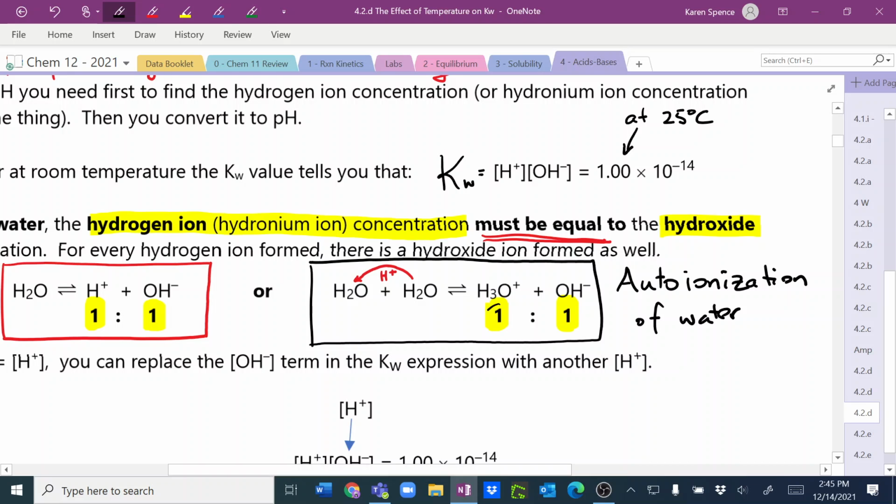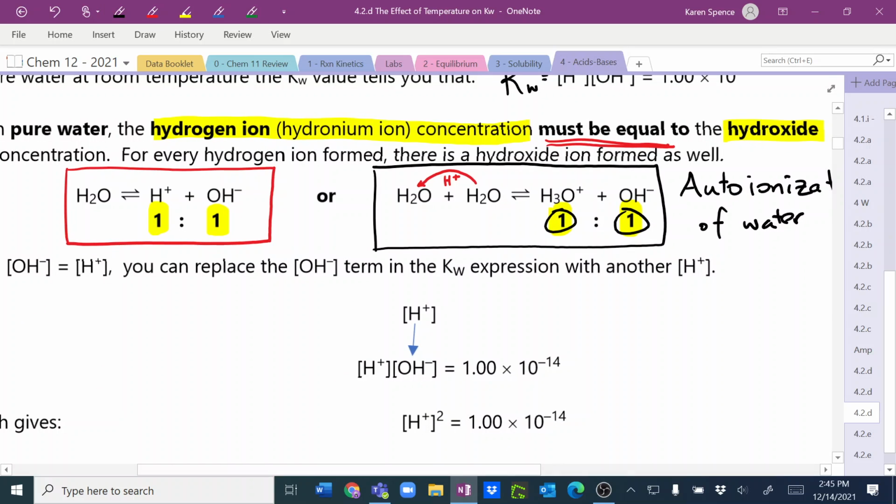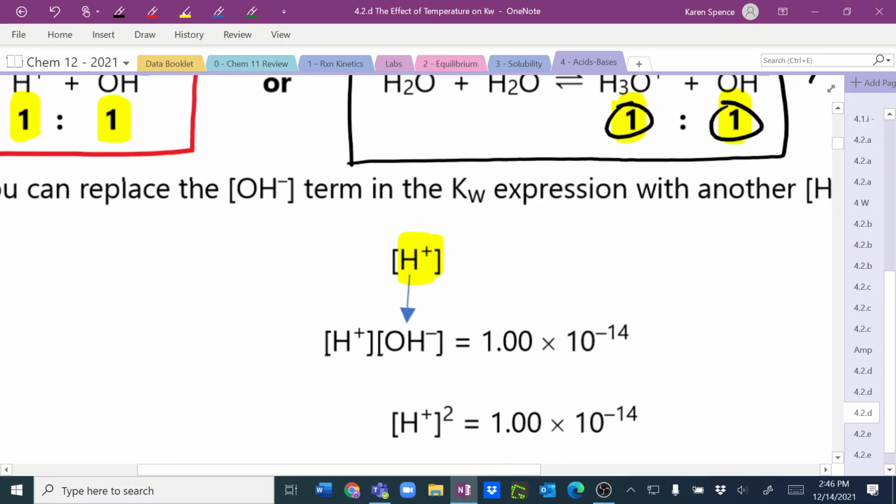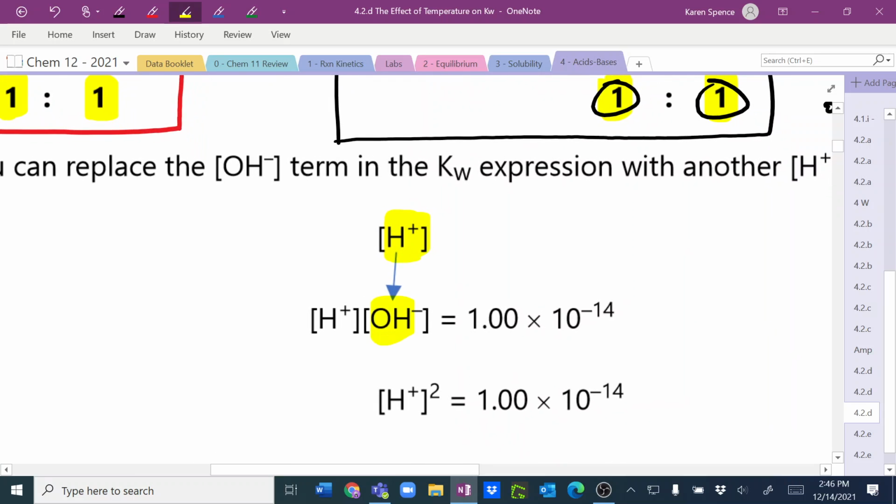All right, because these are one-to-one and they are equal, hydroxide equals hydrogen. What that means is we can actually take hydrogen and put it in the place of hydroxide because the two things are equal, yes? So I can rewrite the equation.